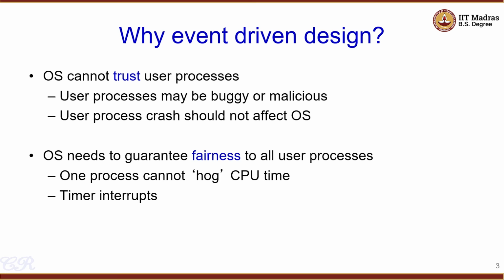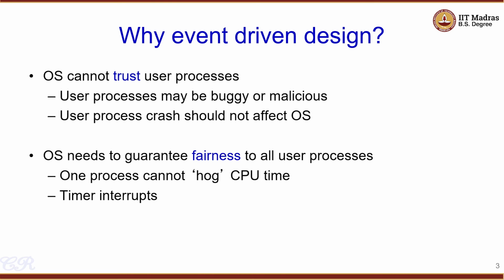It creates applications, it provides memory for the applications and so on, and therefore is highly trusted. So the OS cannot trust user processes, right? And therefore it needs to be isolated from all the user processes, and therefore it is run in the supervisor mode.